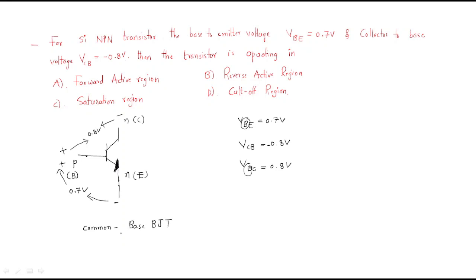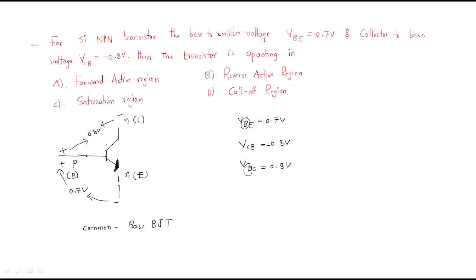Why are we considering the common base? In VBE the base is common and in VBC the base is common, so this is the common base configuration. Whenever the common base is there, generally the input is the emitter and the output is the collector.